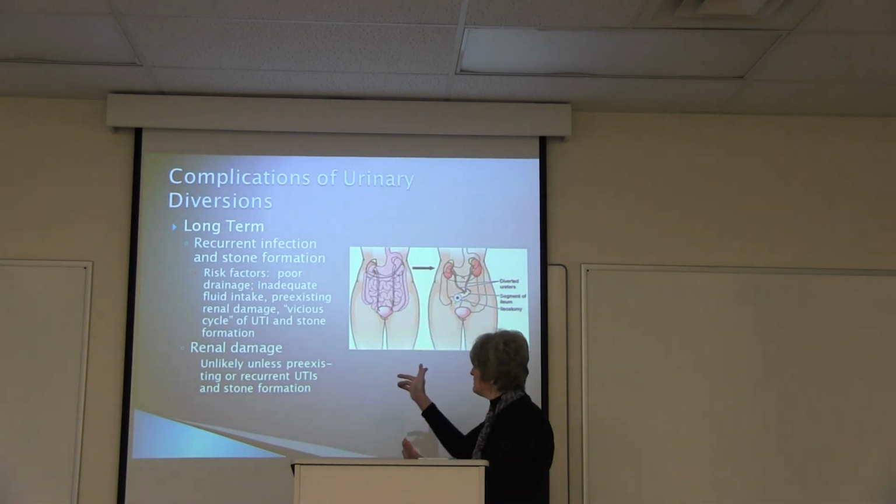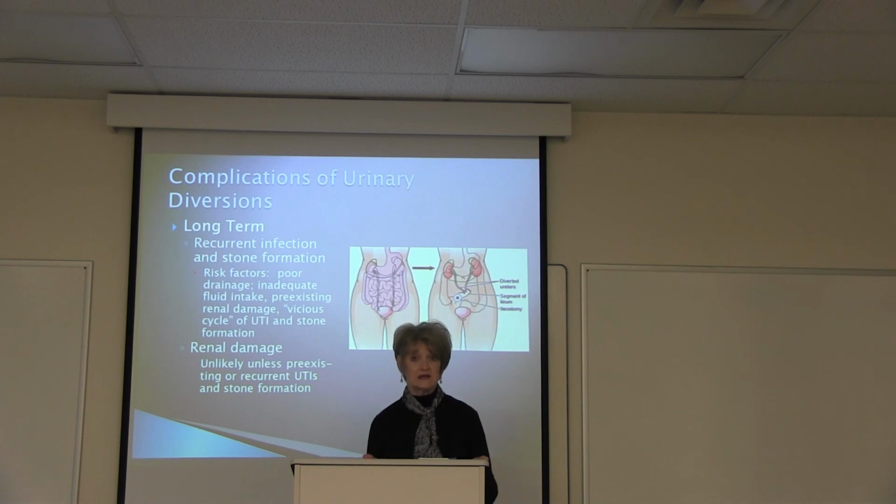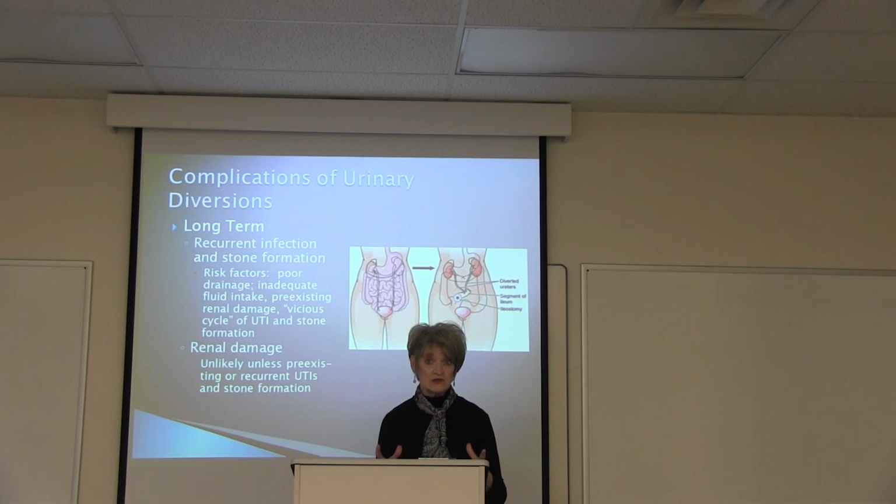But if you look at the potential for recurrent infection and stone formation, we've already talked about the fact that patients with a urinary diversion, patients with an ileal conduit, are much higher risk for infection than someone with an intact bladder because they've lost that anti-reflux protection. And it's much easier for bacteria to migrate all the way up to the kidneys and to cause pyelonephritis. So they are definitely higher risk.